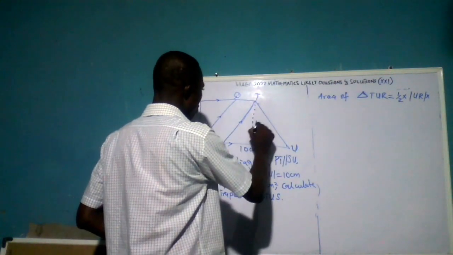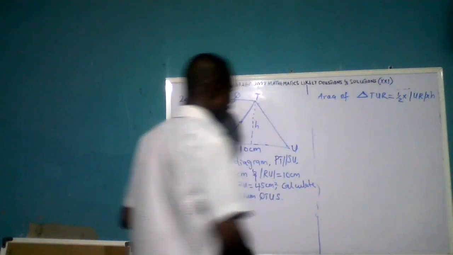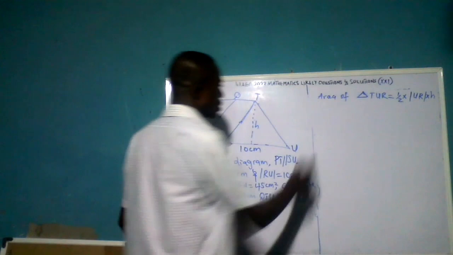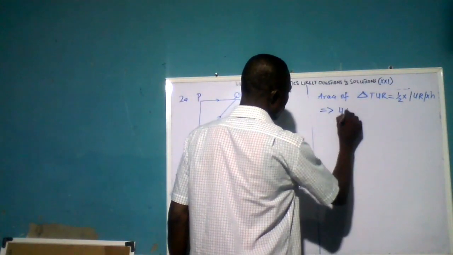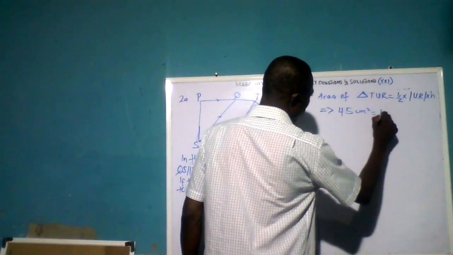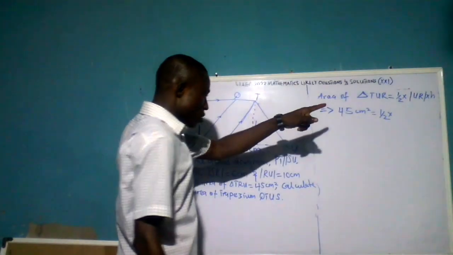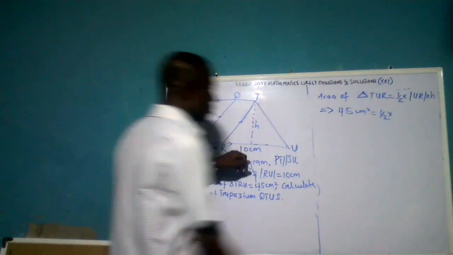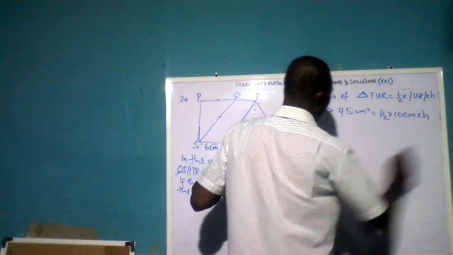Take the height as h, and we are given the area to be equal to 45. That implies 45 centimeters square is equal to half times, of course, the magnitude of UR, which is 10 centimeters, times height.